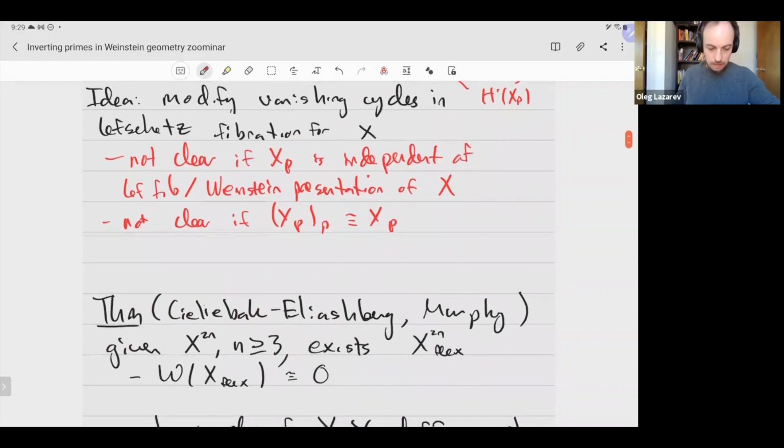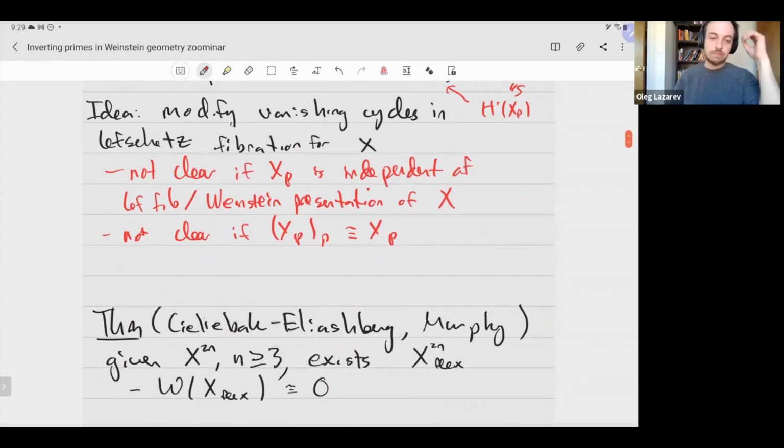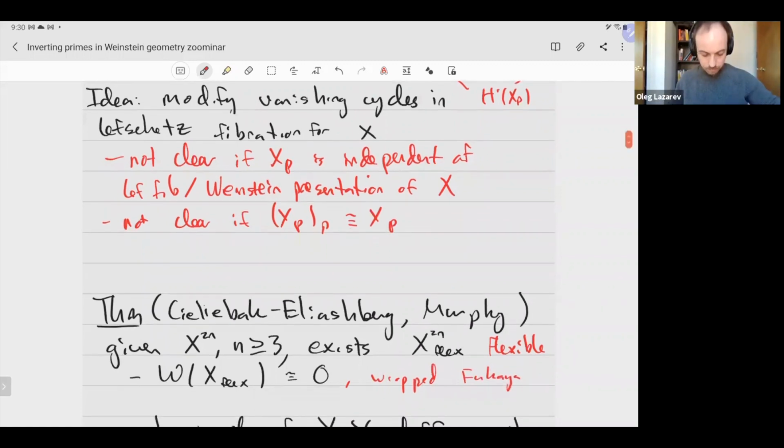Let me mention another result in this direction, which is work of Cieliebak and Eliashberg, building off of some work of Emmy Murphy: if you start with a Weinstein domain X of dimension at least 6, there exists what's called a flexible Weinstein domain X flex, with the property that its wrapped Fukaya category is trivial.